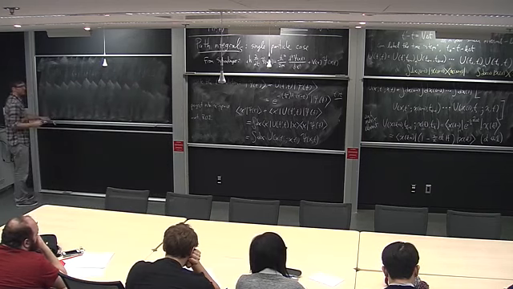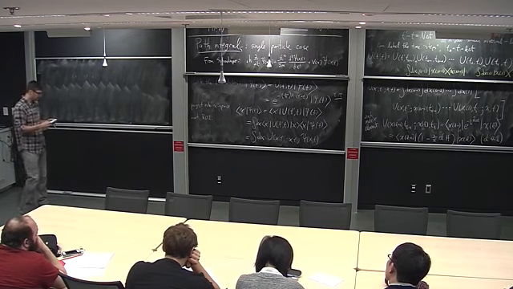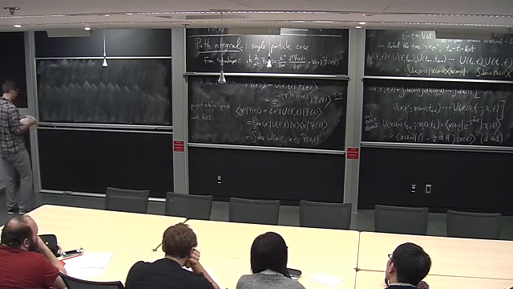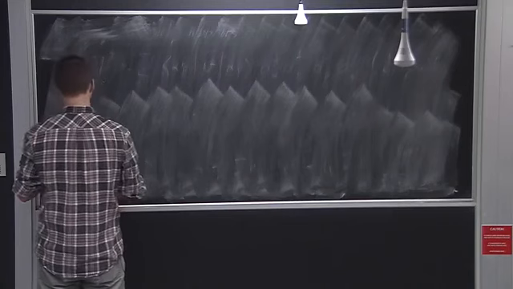Okay, so let's evaluate this matrix element. So we've expanded the exponential. And let's do something weird. Let's do it in momentum eigenstates.